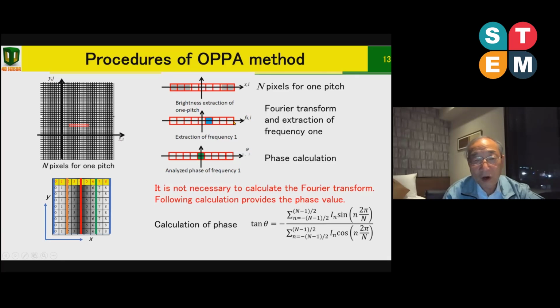With the Fourier transform of a small pixel number, the calculation speed is very high. But if the pixel number is too much, the calculation of the Fourier transform is not so high speed. But in this case, 9 pixels is very small, so the calculation speed is very high.